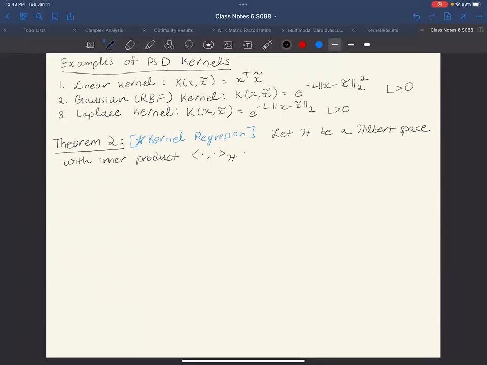Now let psi be our feature map into H, and let K be a kernel function such that K of x and x tilde is exactly the inner product of psi of x and psi of x tilde.